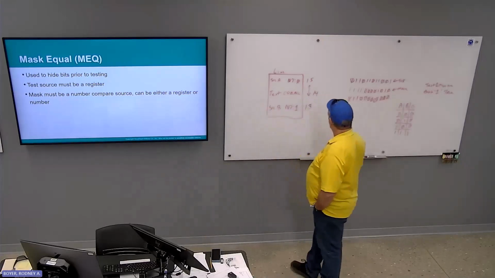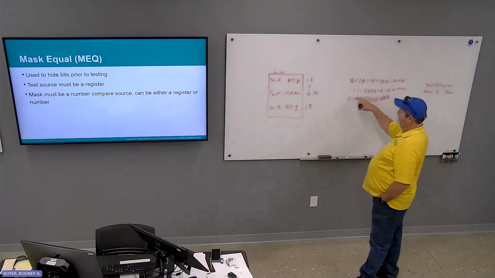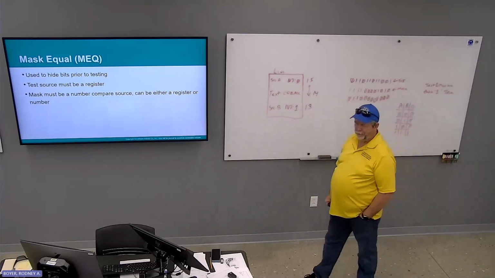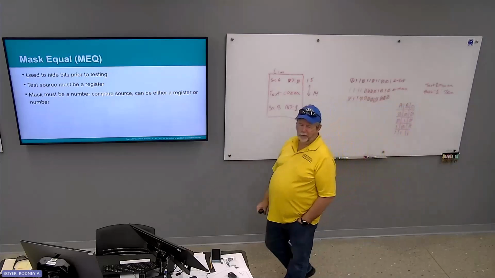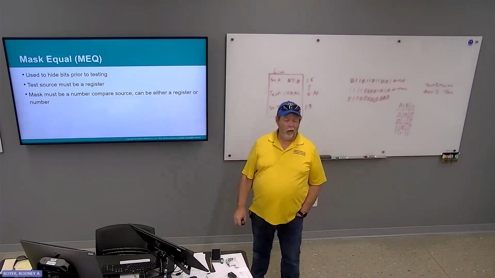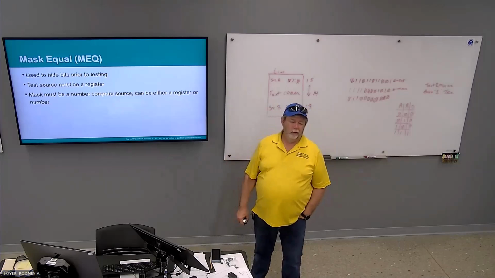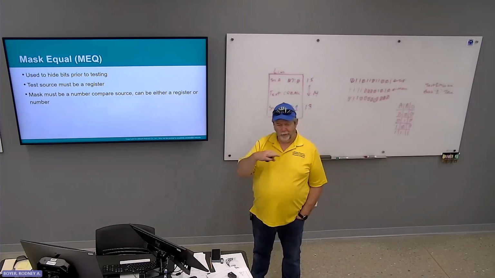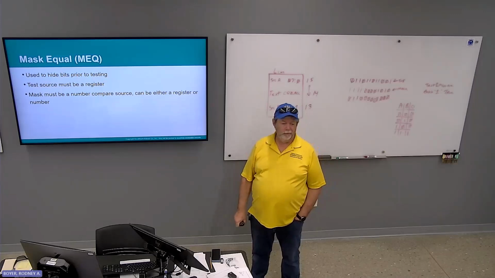So you can mask bits in whatever it is you're testing, because you don't care whether they're on or off. And then see if what you have left is equal to some other value.